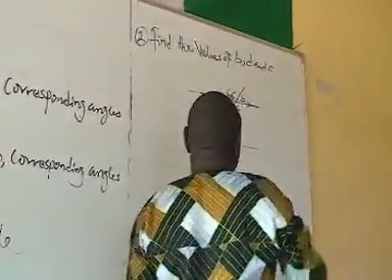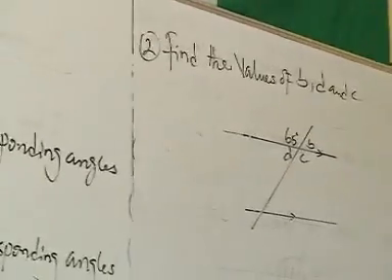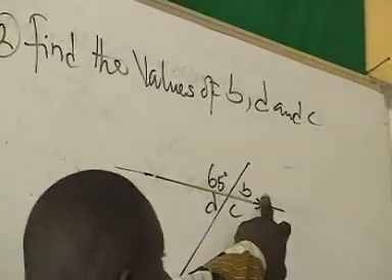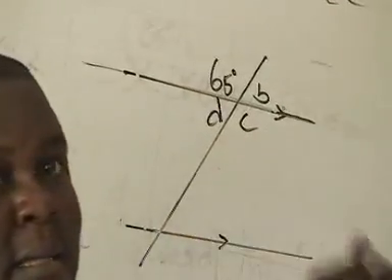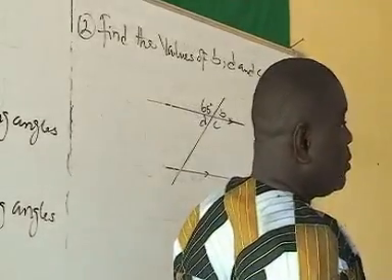Okay, look at the question. They say find the values of B, D, and C. What do we do?